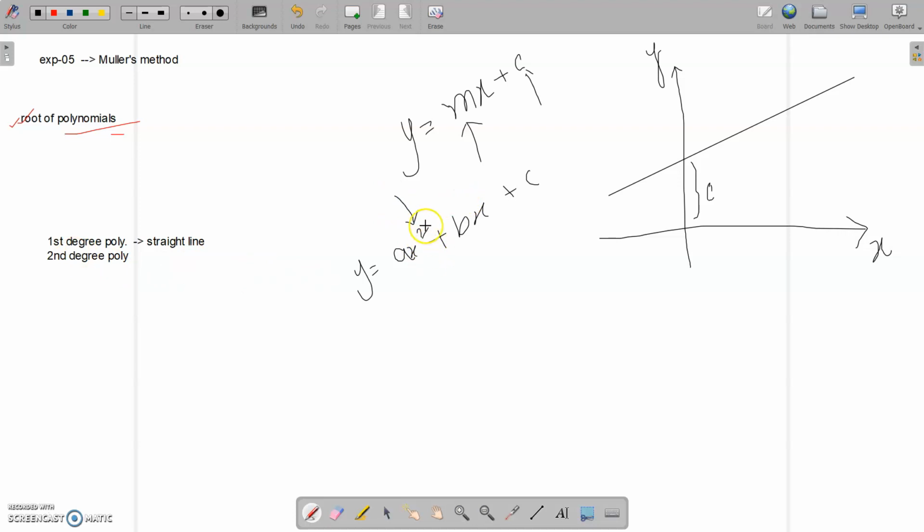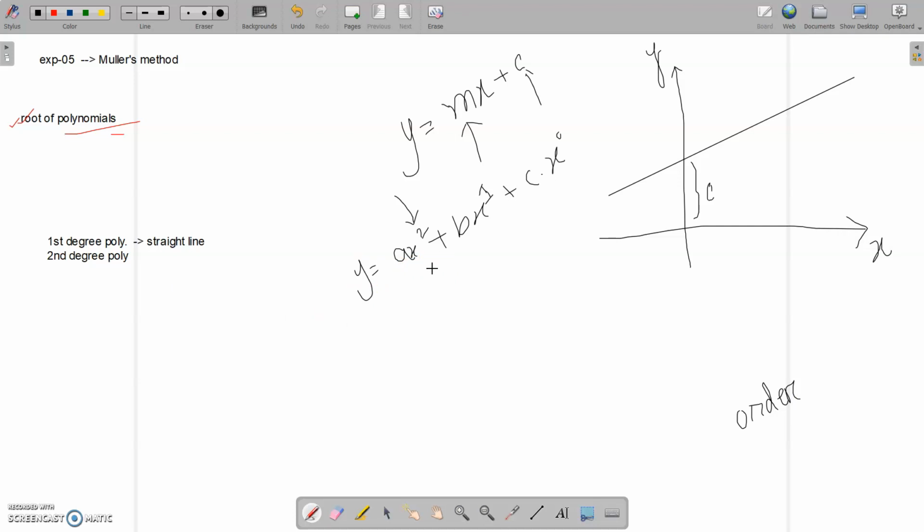The power is 1 here, and here the power is 0. The highest power is 2, that's why it is second degree. It is also known as the order of the polynomial, so this equation has order 2, and it is a second degree polynomial.